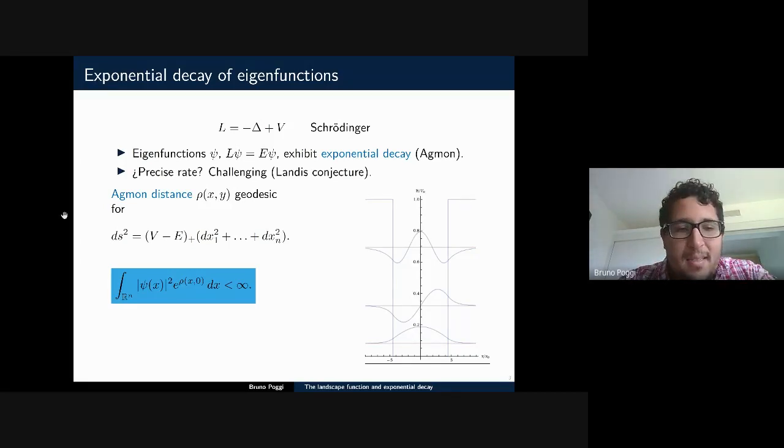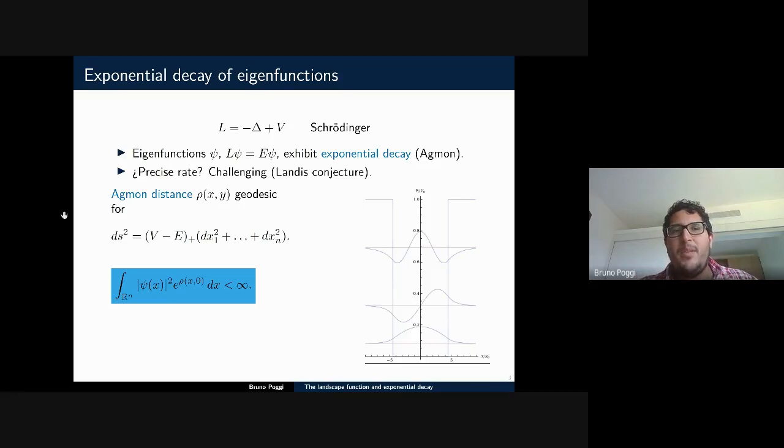This is a result of Agmon, but you will notice there is this function rho, which is defined as a geodesic distance for the metric written here. The s squared is (V minus E) plus, which is the positive part of the difference between the potential and the energy, where E is the energy of the eigenfunction.